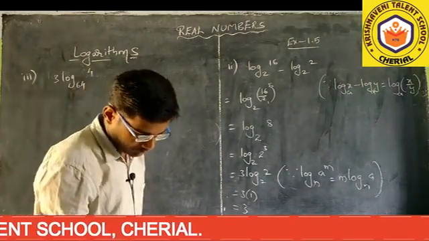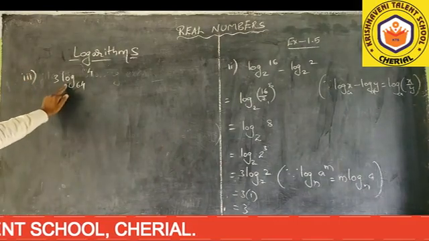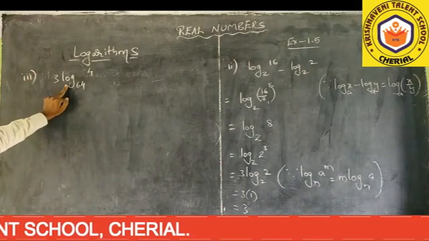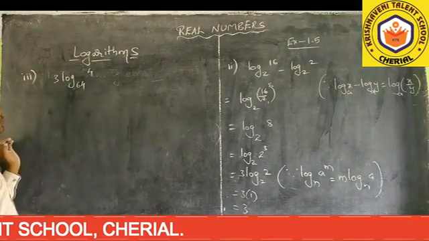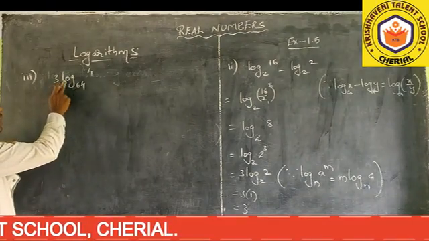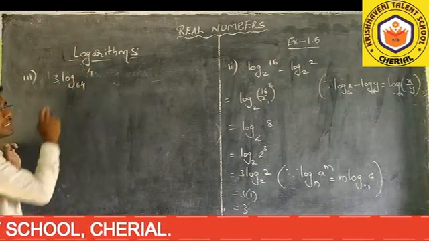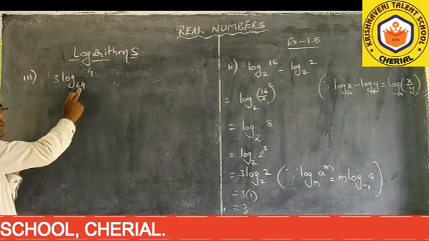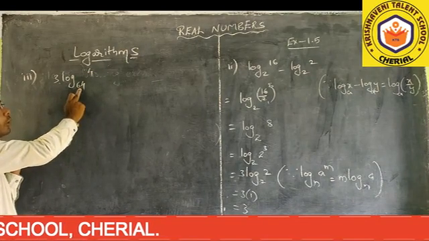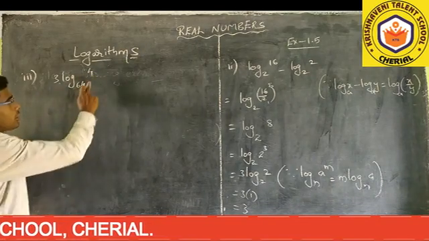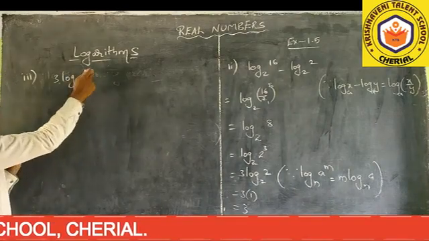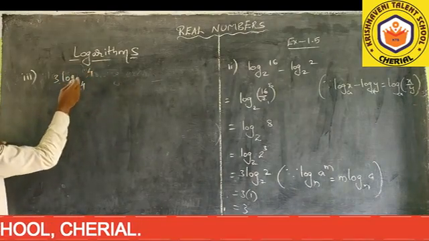You have to find it. This is a direct problem. He has already given a single logarithm, and you just have to find its value. If you observe properly, the number is 4 and the base is 64. The greatest number is 64. So the base you have to bring into the form of the number, that is 4.